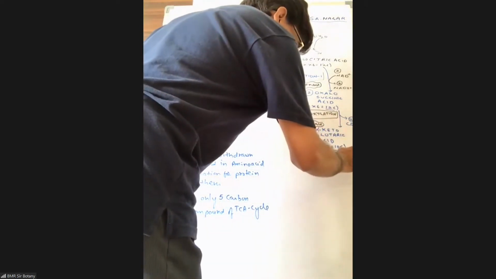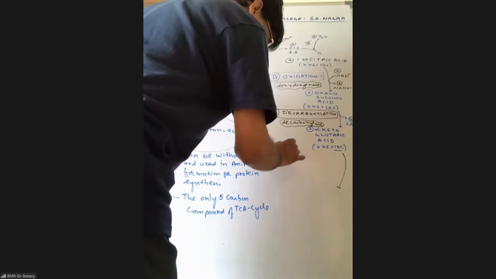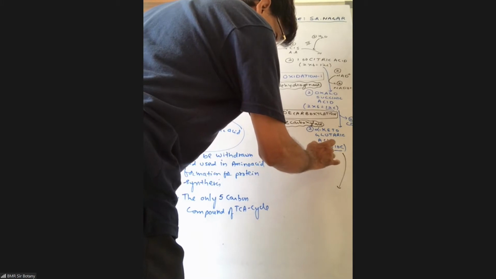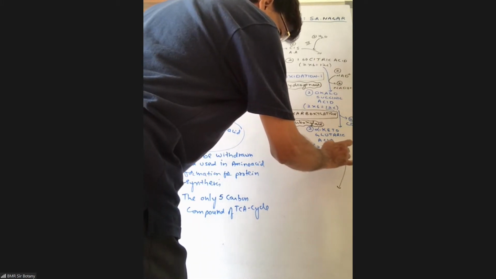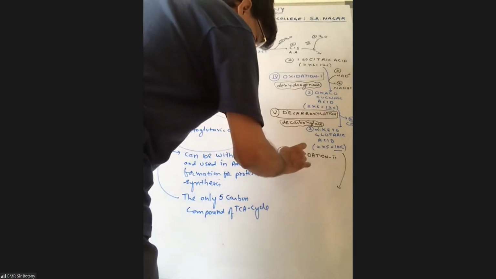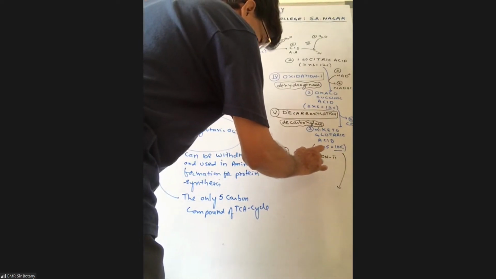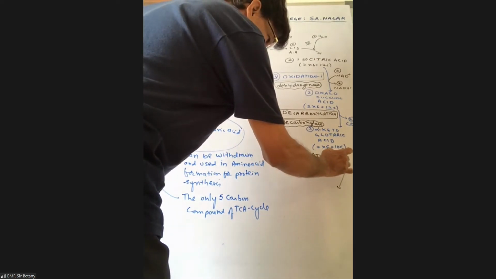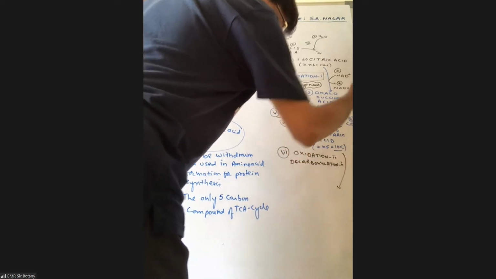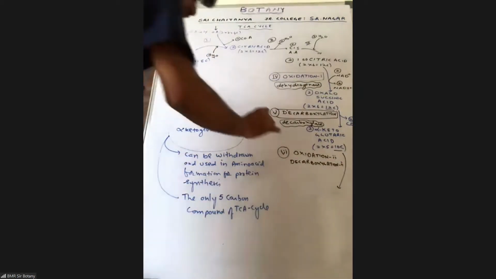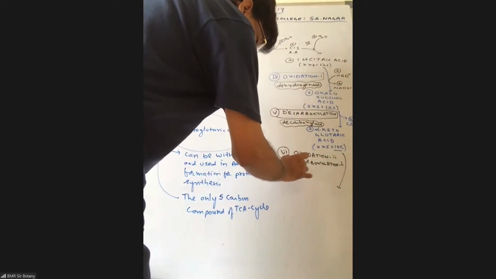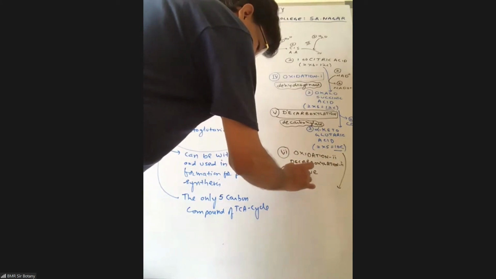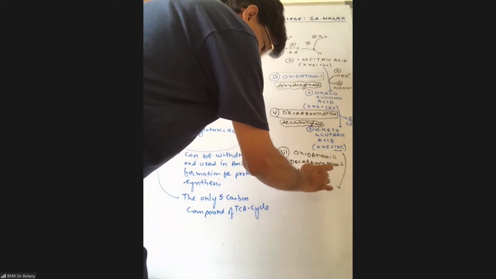So next is the 6th reaction, which is oxidation with simultaneous decarboxylation. You can in fact together call it oxidative decarboxylation also. Same like the link step, Nana. Ditto.